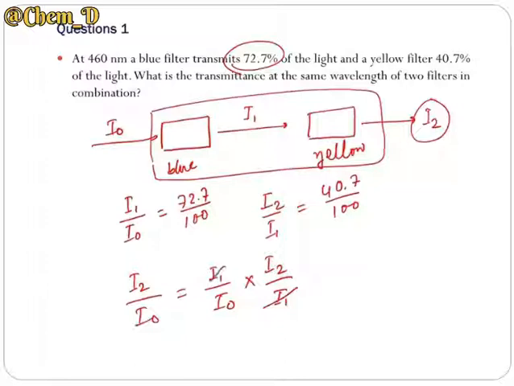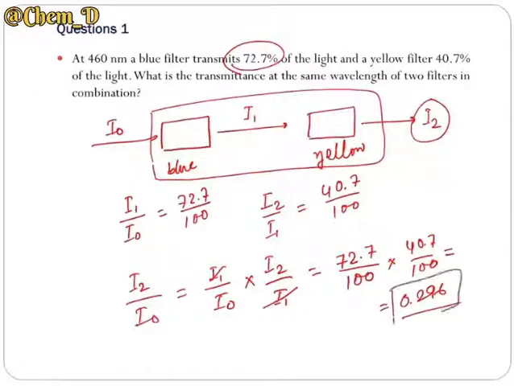So I1 cancelled. That means 72.7 by 100 into 40.7 by 100 is equal to 0.296. I have calculated it earlier, so you will calculate it. This will be the answer.